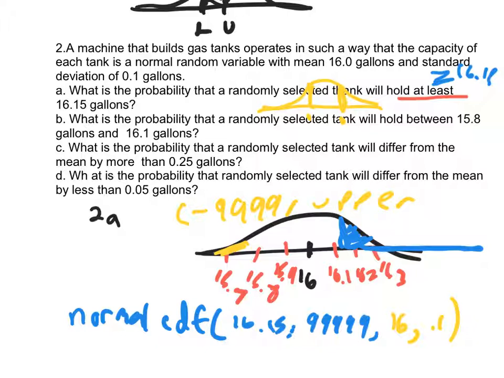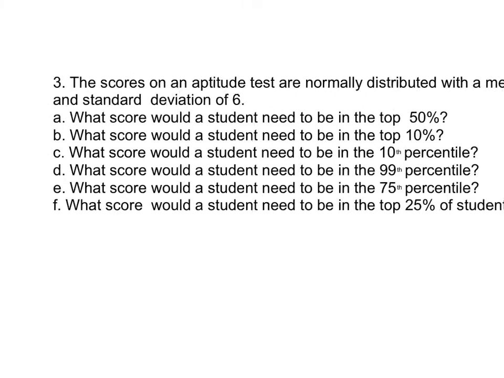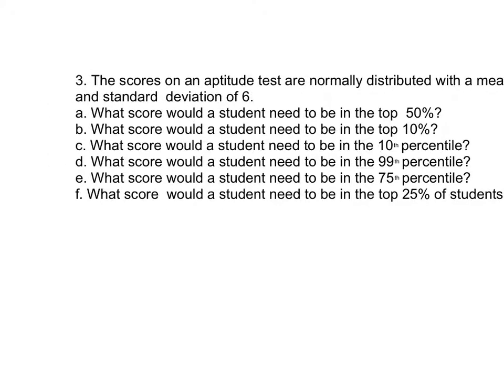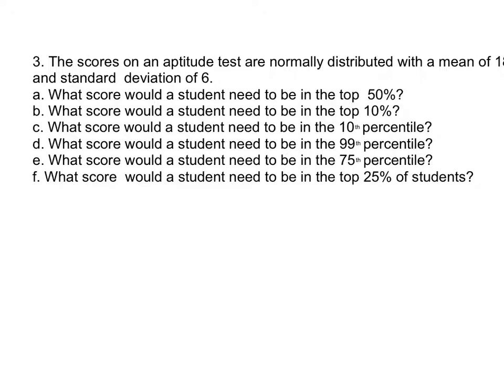But the problem came with number 3, and maybe even one later. They reversed it. They're doing the percentile now. Instead, it's in reverse. You're looking at a problem where it says a student, I'm doing A, wants to be in the top 50%.